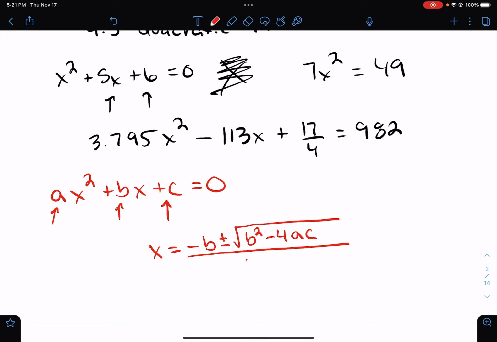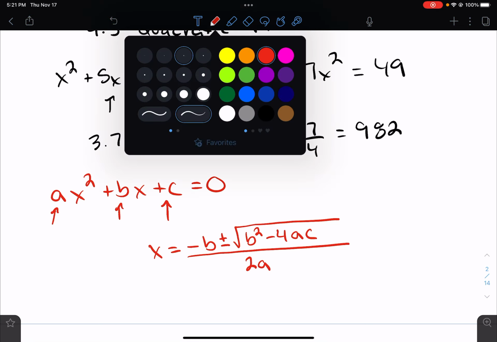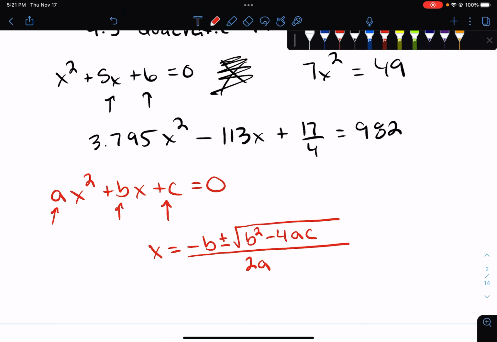The bottom of the fraction has 2 times a on it. All right, so there is a lot going on in this formula. The good news is you plug in the numbers, you hit enter on your calculator, and you get the answer. We just have to be careful how we plug in these different numbers.